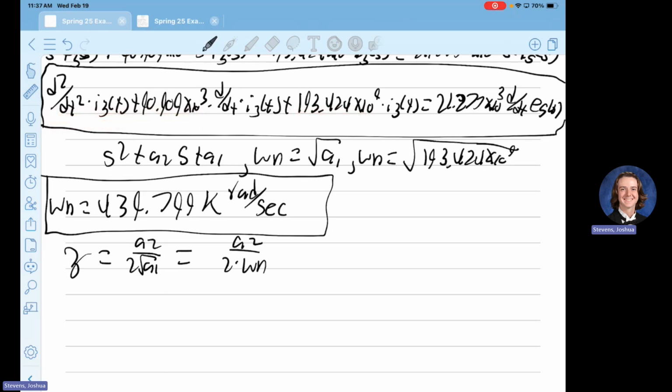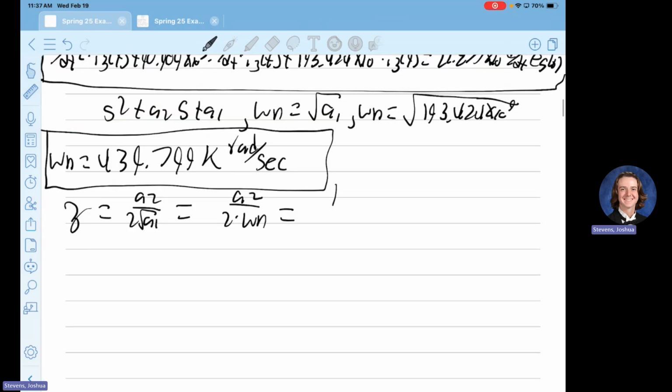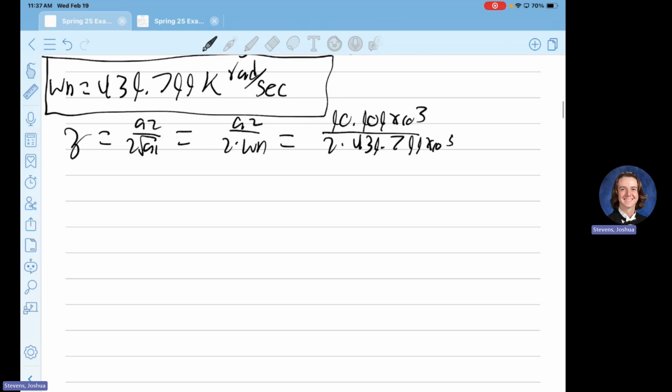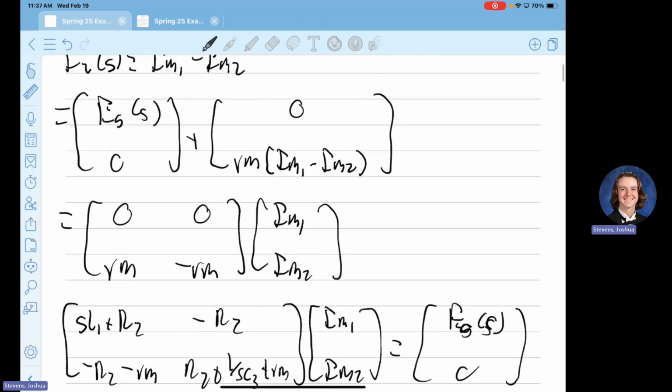So that becomes 90.909 times 10 to the 3rd over 2 times 439.799 times 10 to the 3rd. And when you put that in the calculator, you find that it becomes 0.103.